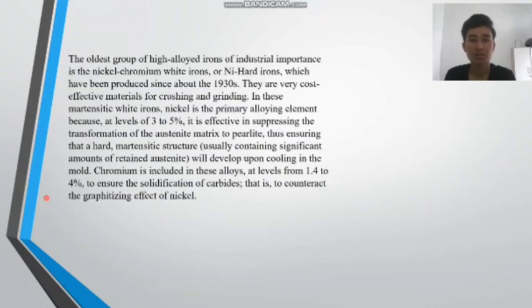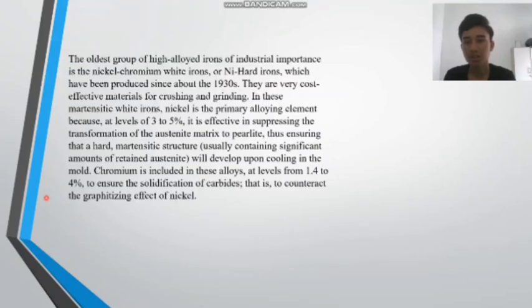Next, the oldest group of high alloyed irons of industrial importance is the nickel-chromium white irons or Ni-Hard irons, which have been produced since about 1930. They are very cost-effective materials for crushing and grinding.